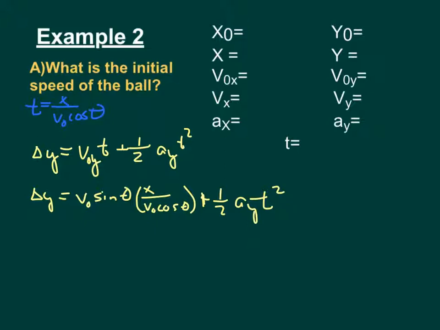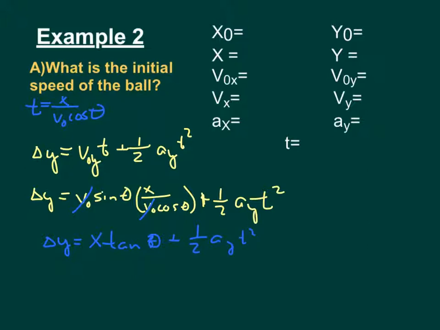So now we're going to combine some terms. The first thing I want you to notice is that your v naughts are going to cancel. So if we combine this, we get delta y equals x, and if you remember, sine divided by cosine, remember what that function is? That is just tangent theta, 35, plus 1 over 2 a y t squared.